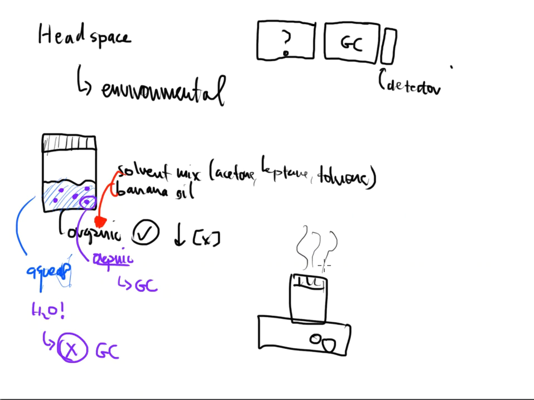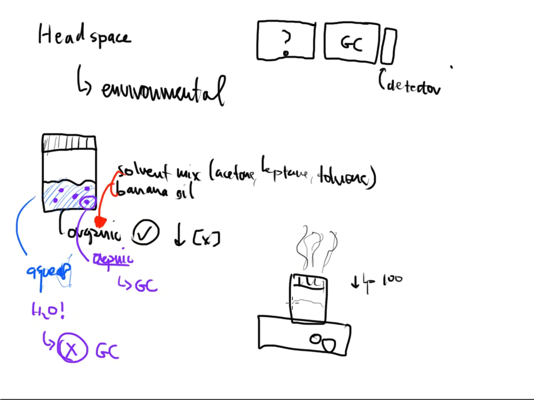Nah, that's wrong. You can't really do that. And the reason is because those organics in that water sample might actually have a lower boiling point than water. So if they have a lower boiling point than 100 degrees, then these are going to evaporate off first.